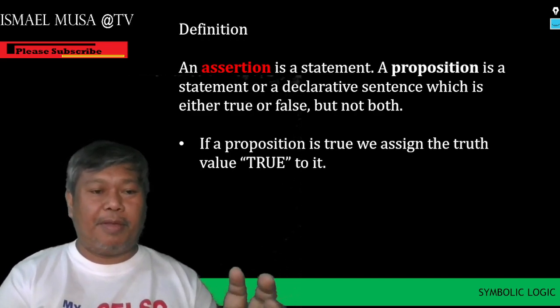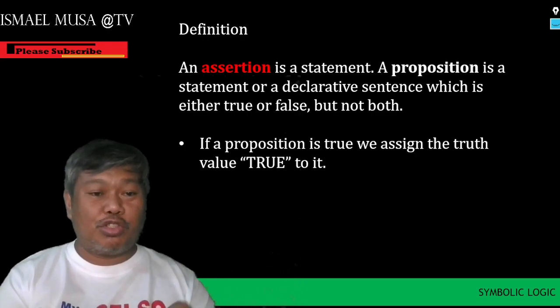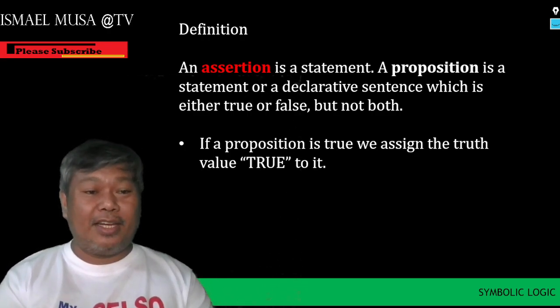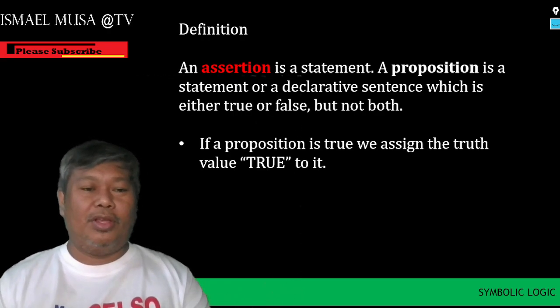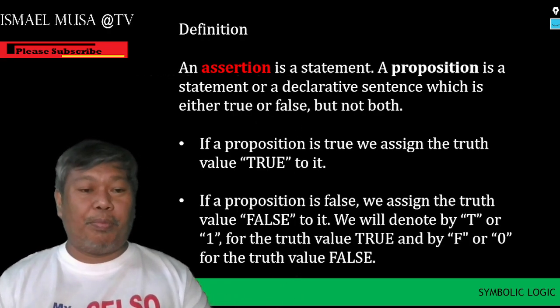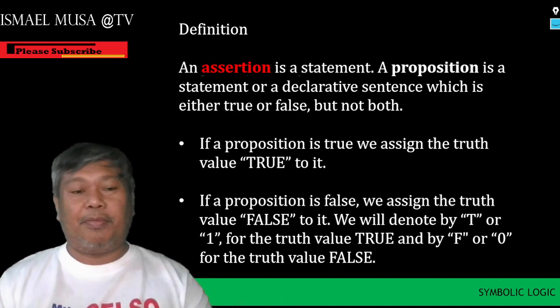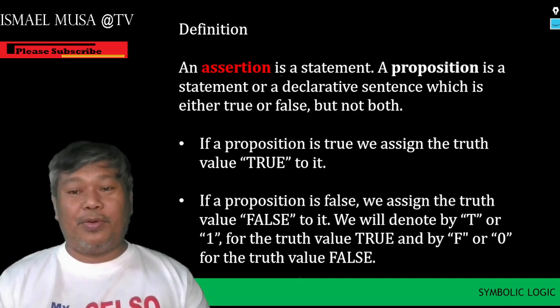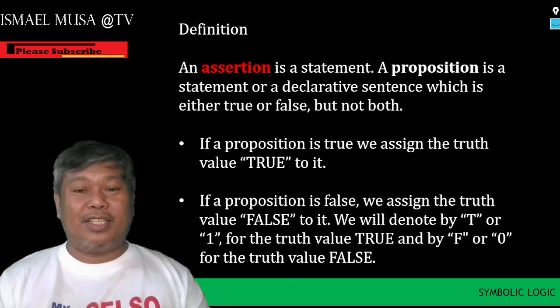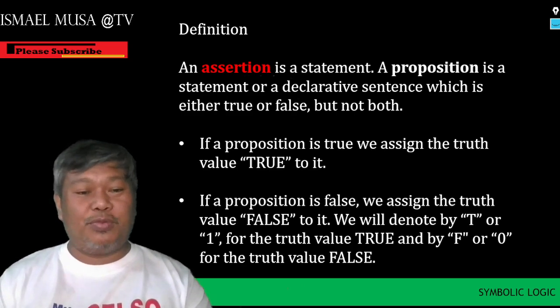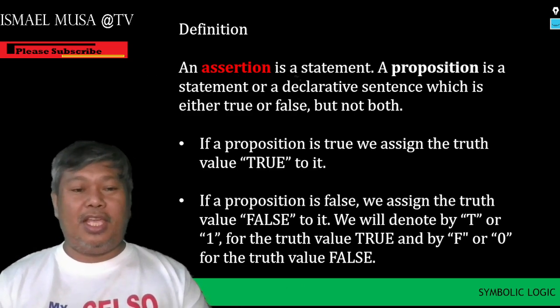So if a proposition is true, we assign the truth value true to it. Otherwise, if a proposition is false, then we assign the truth value false to it. We will not write the word true anymore, but instead simply write T, and for false, we say F. That will be our convention.